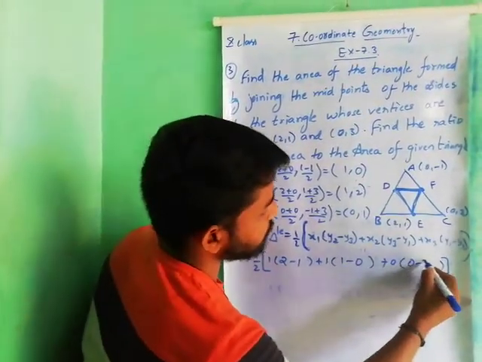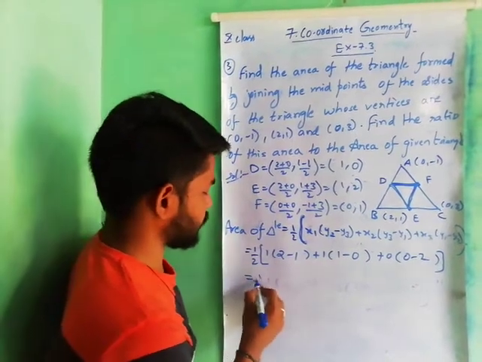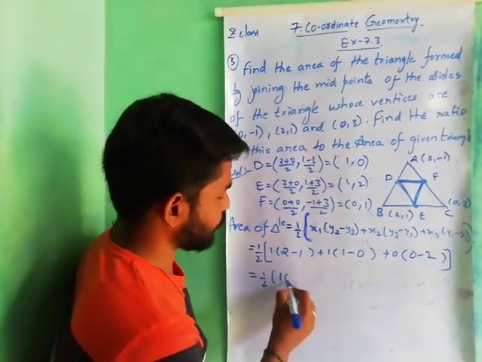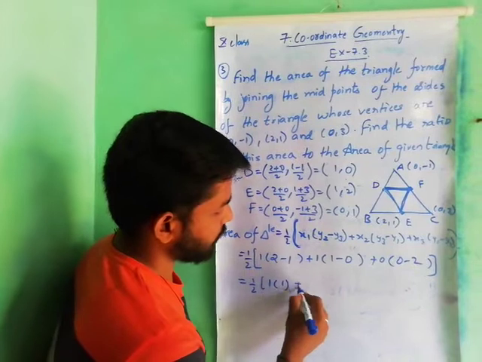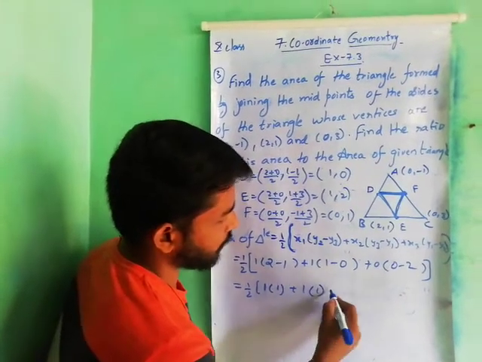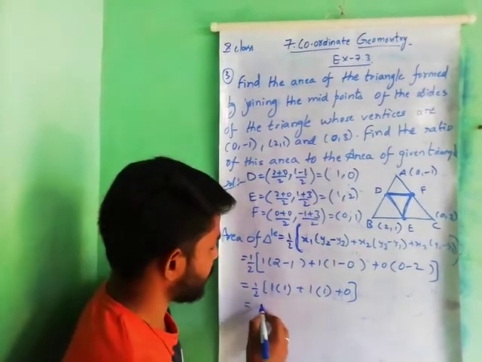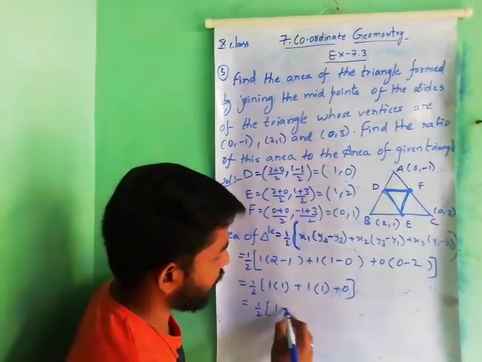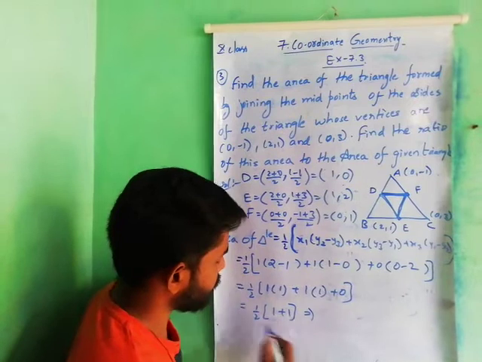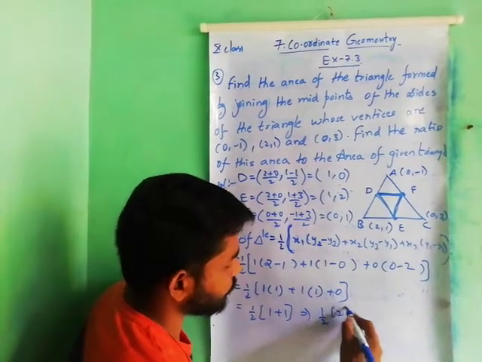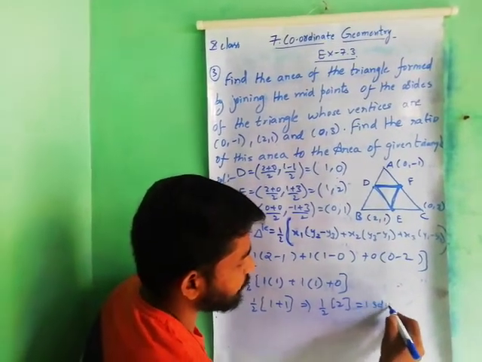So half into 1 into (2 minus 1) is 1, 1 into (1 minus 0) is 1, 0 into anything is 0. So half into (1 plus 1), so half into 2. 1 square unit.